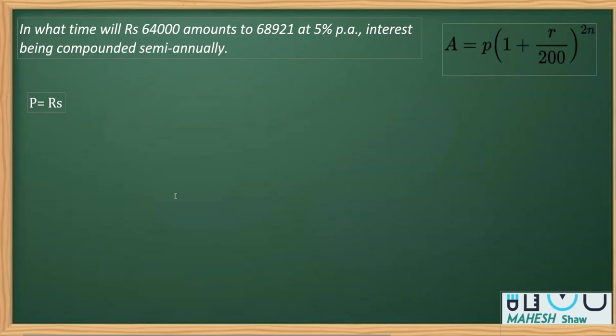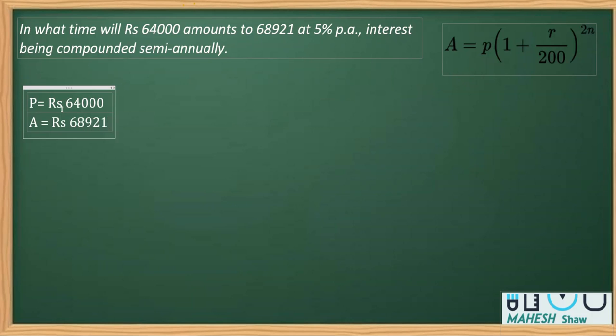Now, let's write down the information symbolically. As of now, we have the principal which is given as 64,000. Now, we also have the amount, A is equal to rupees 68,921.